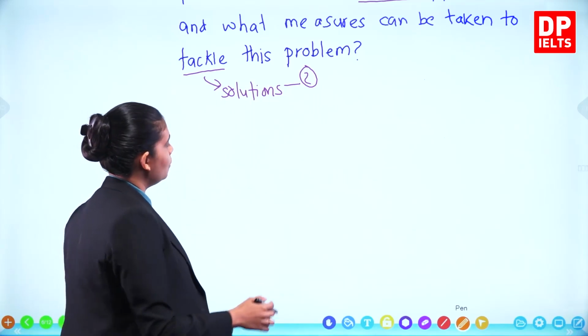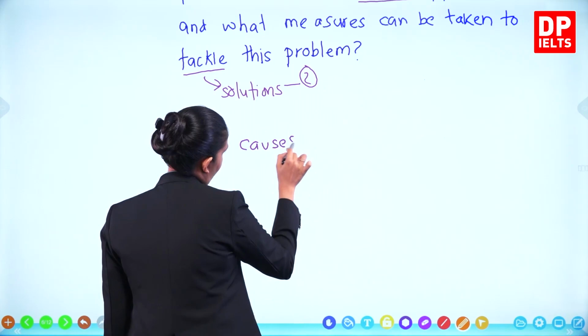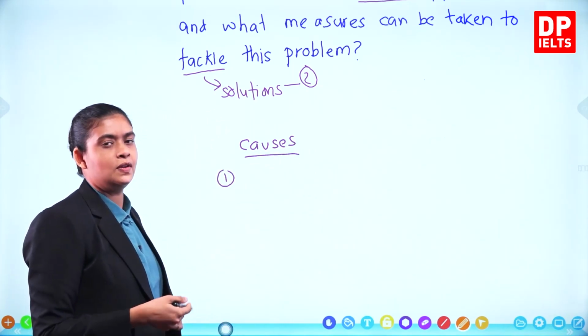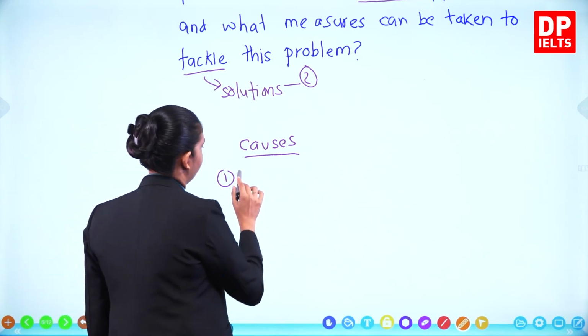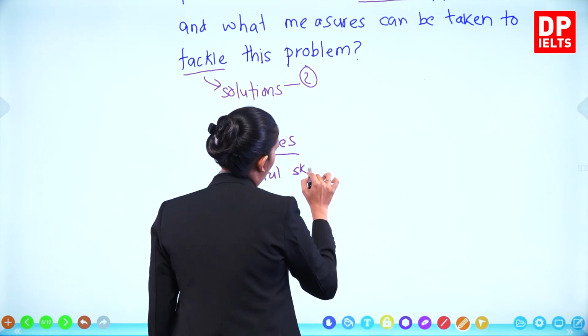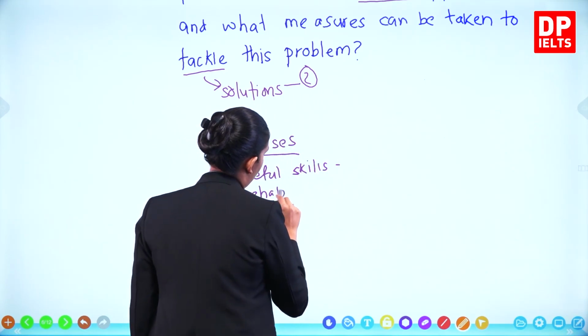Okay. So, what are the causes? Right? Now, I would say cause number one is because we don't provide them enough useful skills, right? So, they don't really learn anything in terms of rehabilitation, okay?